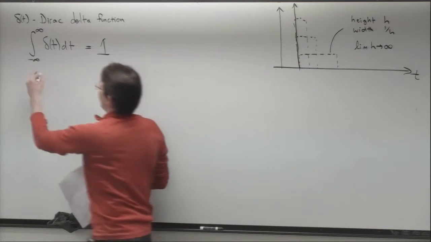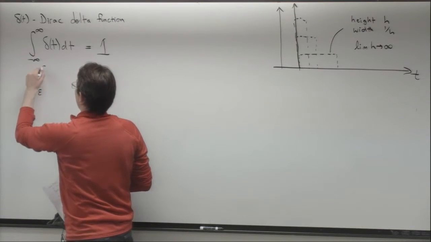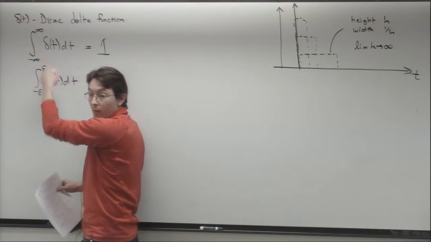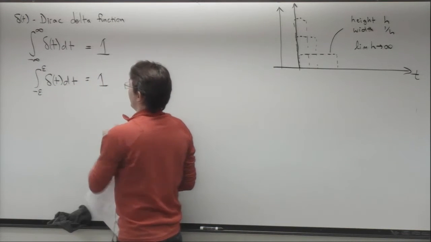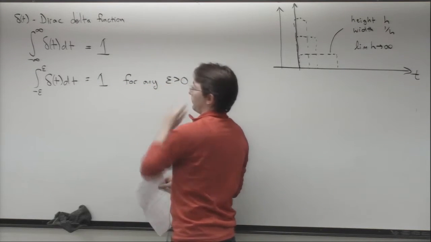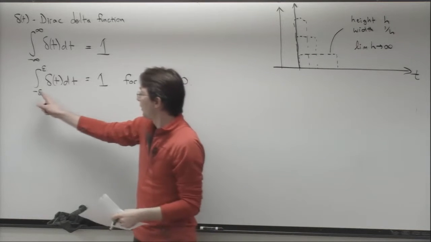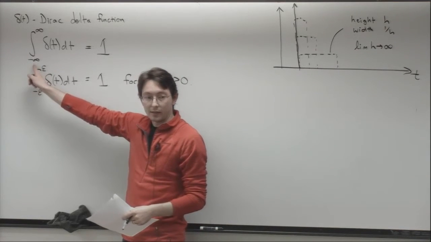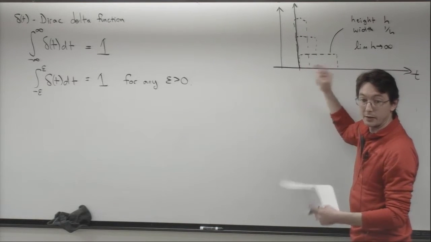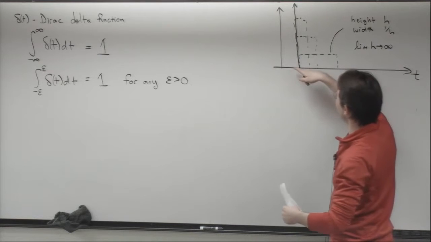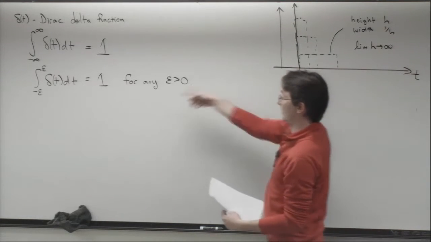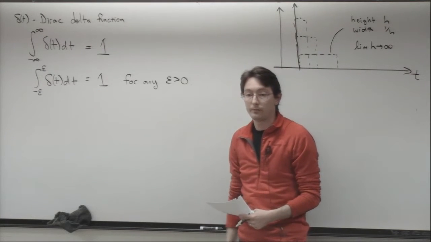And in fact, if I take the integral from minus epsilon to epsilon, some really small number, like minus 0.01 to 0.01, that also equals 1 for any positive epsilon. Any little number you can name, if I take the integral from negative that number to positive that number, I'll capture this unit area increase because of this delta function. So you can think of this as an impulse. We're impulsively adding something to our integral.